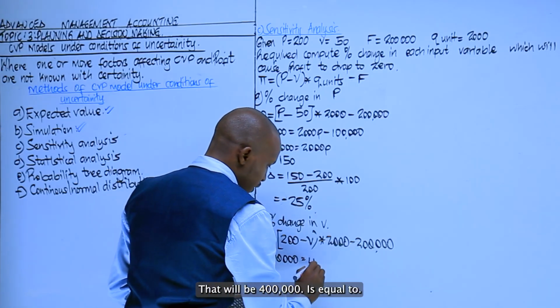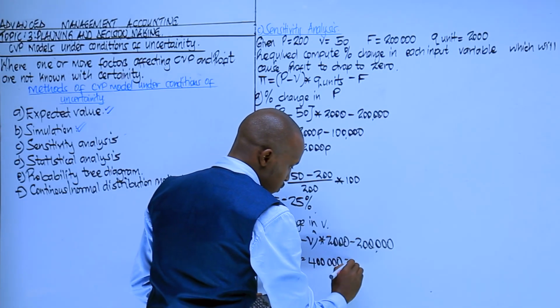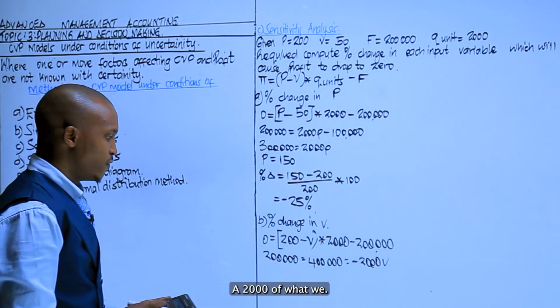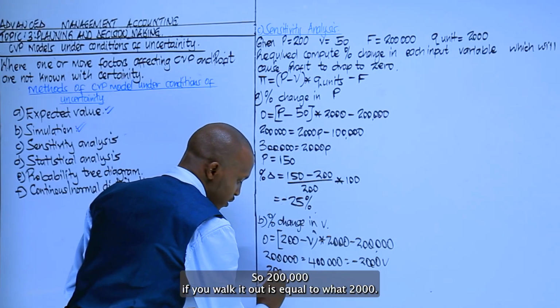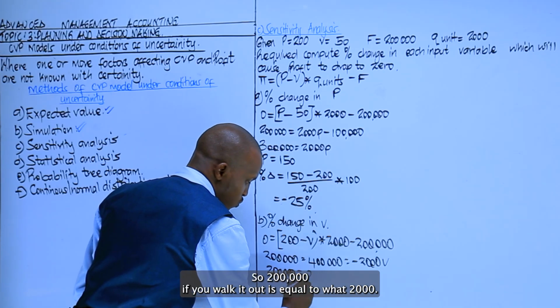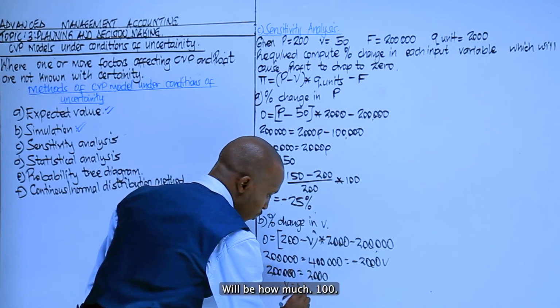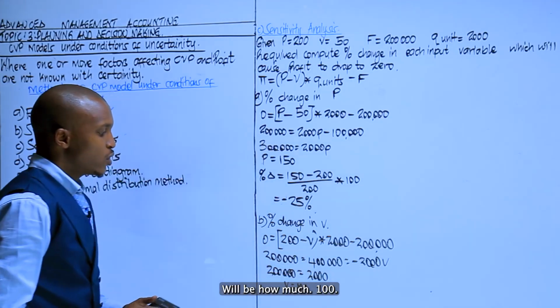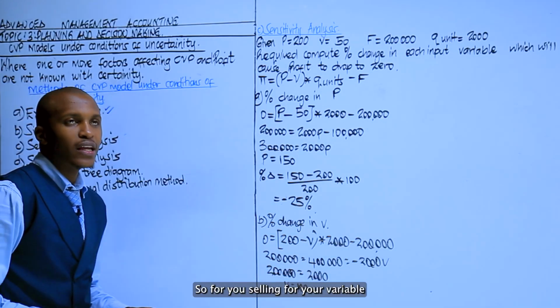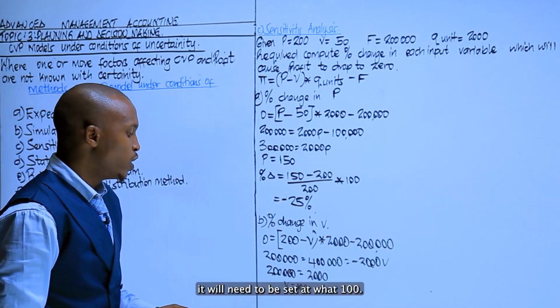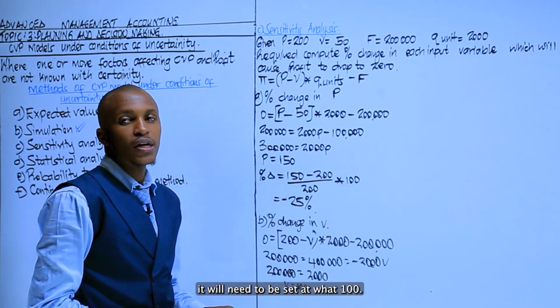So 200,000 is equal to 2,000 times 200 minus 2,000 V. That will be 400,000 minus 200,000 equals 2,000 V. So 200,000, if you work it out, equals 2,000 V, so your variable cost will be 100. So for your variable cost to give you a profit of 0, it will need to be set at 100.